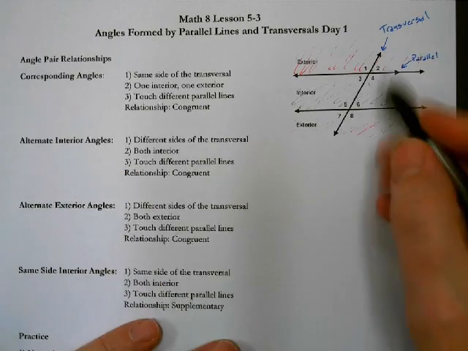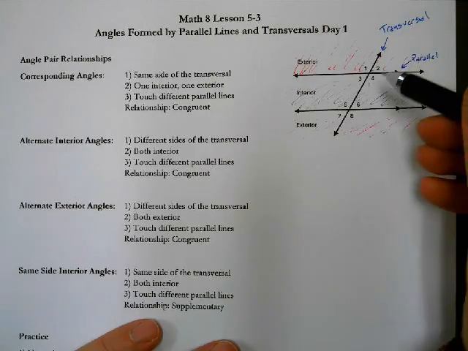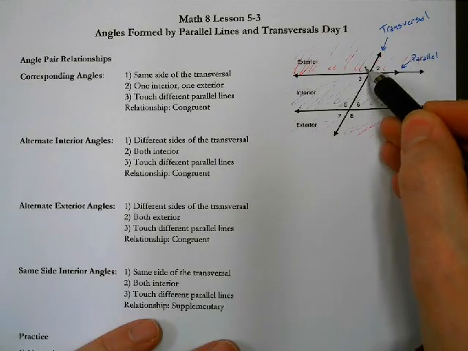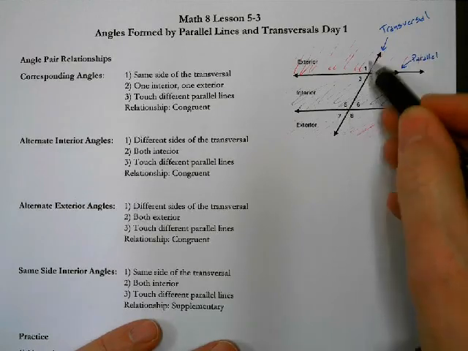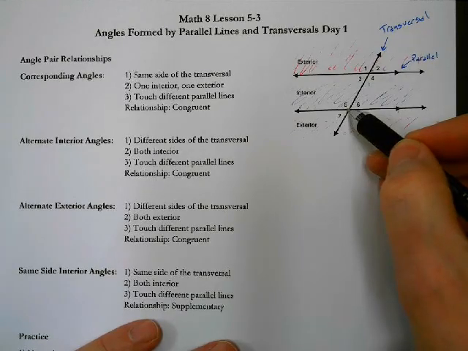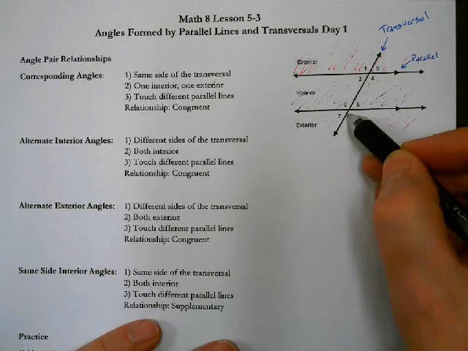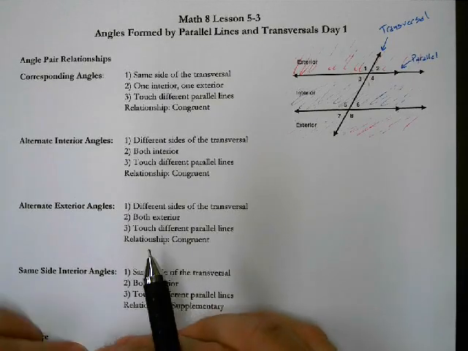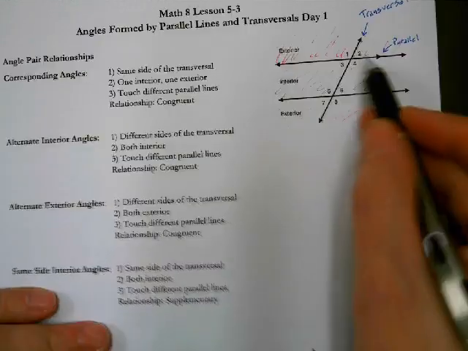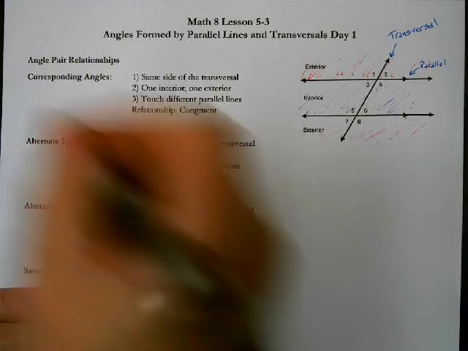So let's look at that. Let's start over here on this side of the transversal. Angle 1 is exterior, angle 5 is interior. They're on the same side of the transversal, and they're touching different lines. Angle 1 is touching the top parallel line, angle 5 is touching the bottom parallel line. So we can say that angle 1 and angle 5 are corresponding angles.